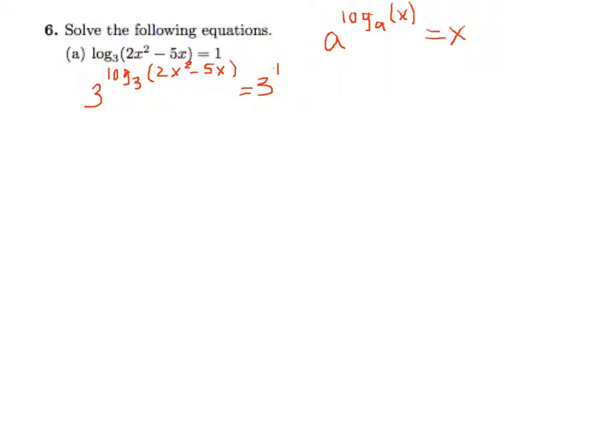Based on this rule, we know that this inside will drop down. So we have 2x squared minus 5x equals 3. And let's subtract the 3 over. So we have 2x squared minus 5x minus 3 equals 0.